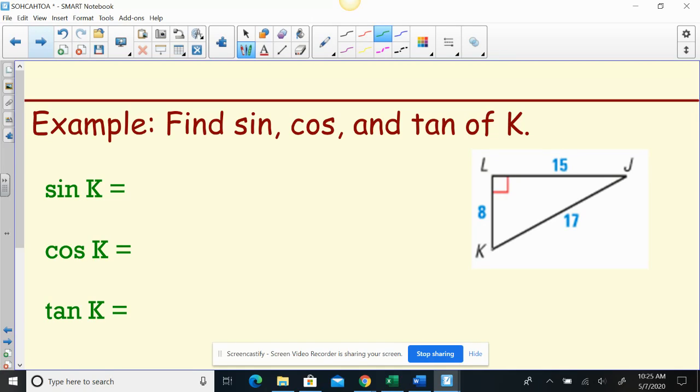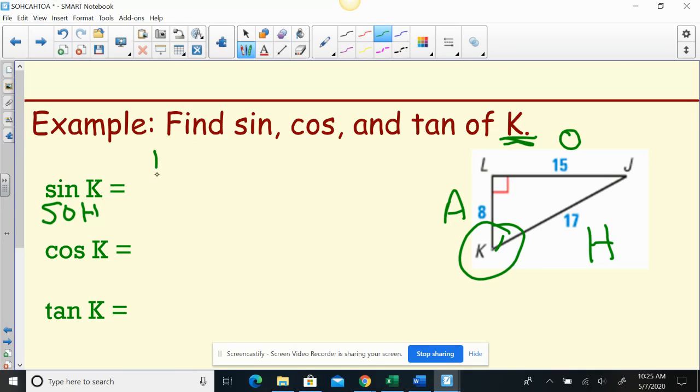So if this is my triangle and I want to find the sine, cosine, and tangent of K. They're telling me K is my reference angle, so I want to circle that. Hypotenuse is going to be my longest. Opposite means across from my angle, so that's this LJ side, and then adjacent is right here. So sine of K is opposite, 15, over hypotenuse, 17.